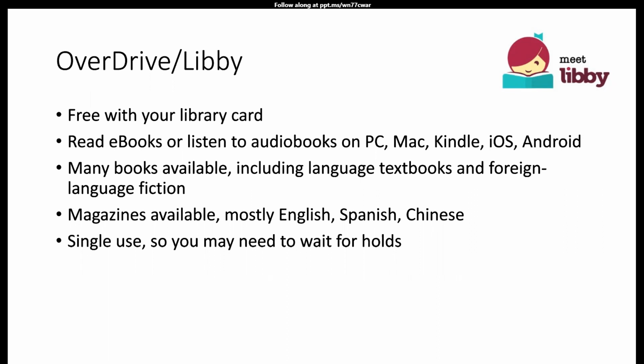Now, most of the items on there, with the exception of the magazines, are single use, so you might need to wait for holds if it's a popular item. The magazines, though, are completely unlimited, and again, mostly English, Spanish, and Chinese, although in that case, it's not us doing the selection directly.